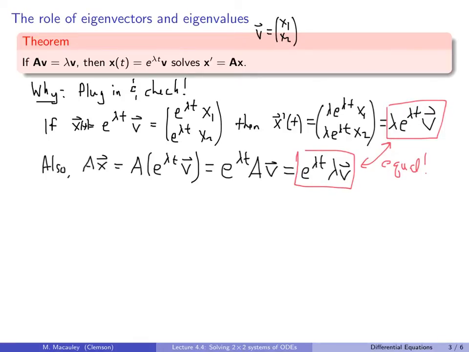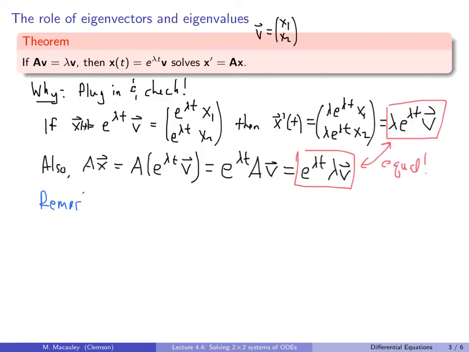Next, let me make the comment that because this system is homogeneous, if we have any two solutions, x1 and x2, then there's some combination. Let me use blue now.